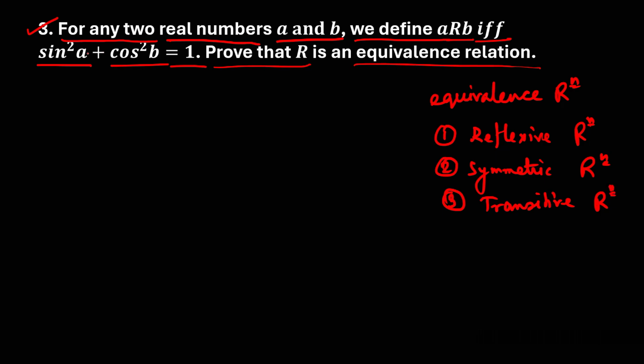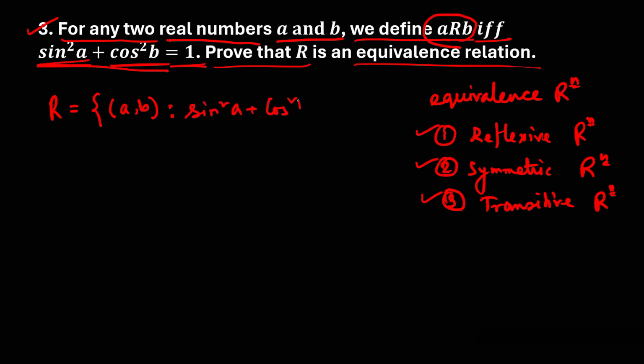So we have to show that this relation, defined as a R b if and only if sin square a plus cos square b equal to 1, is reflexive, symmetric, and transitive. So let us write the relation R equal to (a, b) such that sin square a plus cos square b equal to 1, defined on the real numbers.